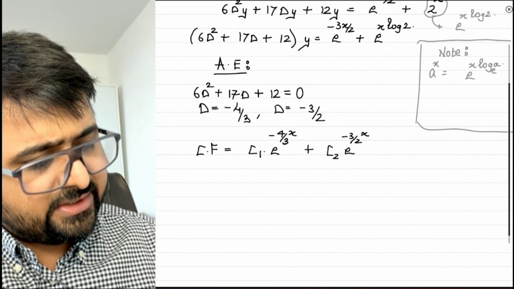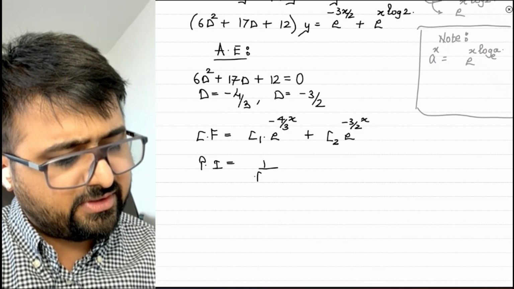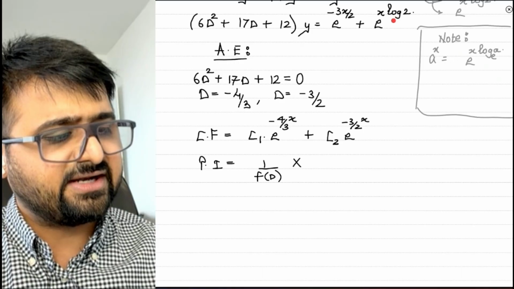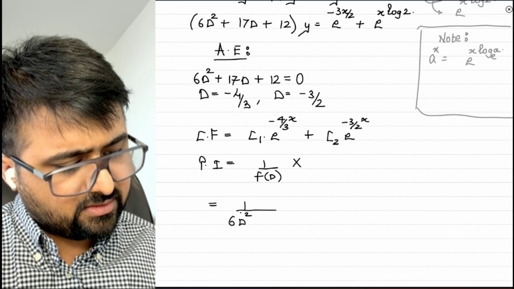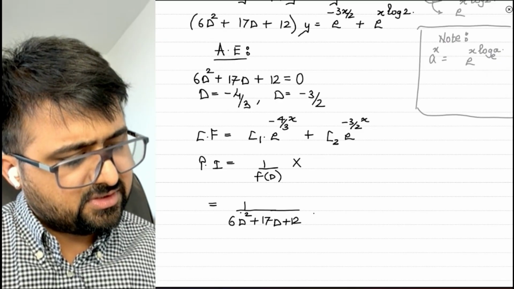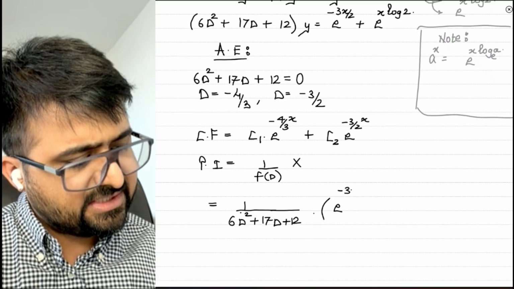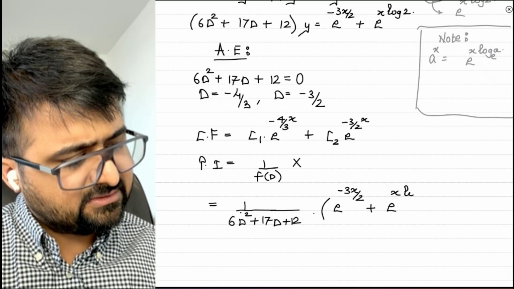Okay, now let's write the particular integral. The particular integral is given by 1 upon f(D) times capital X, which is the function of x on the right side. Now f(D) is again 6D square plus 17D plus 12, acting on e to the power minus 3x by 2 plus e to the power x log 2.